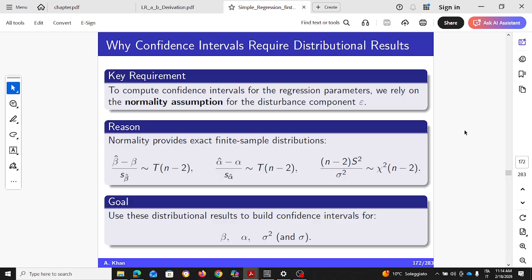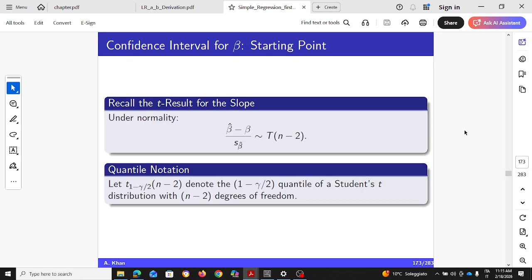What are our alpha and beta? They are the estimators, so now we want to build the confidence interval for these estimators. Is it clear what we are doing now?